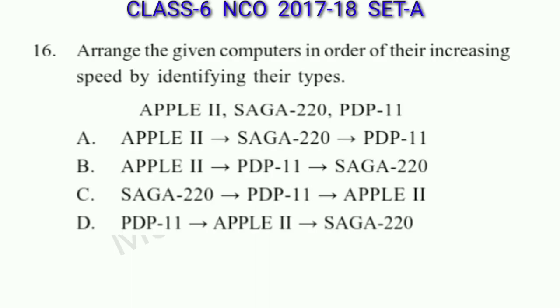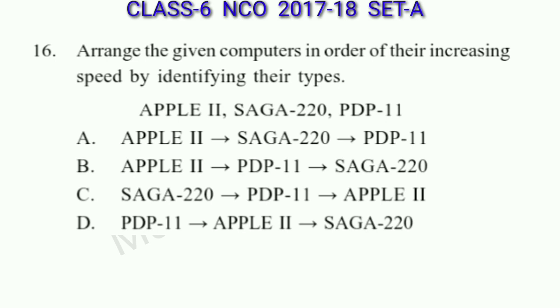Question number 16. Arrange the given computers in order of their increasing speed by identifying their types. Apple IIe, Saga 220, PDP-11. Speed of Apple IIe is 1.023 MHz.